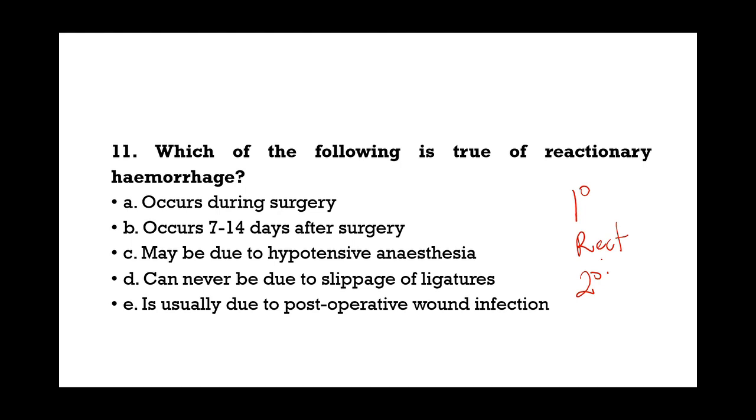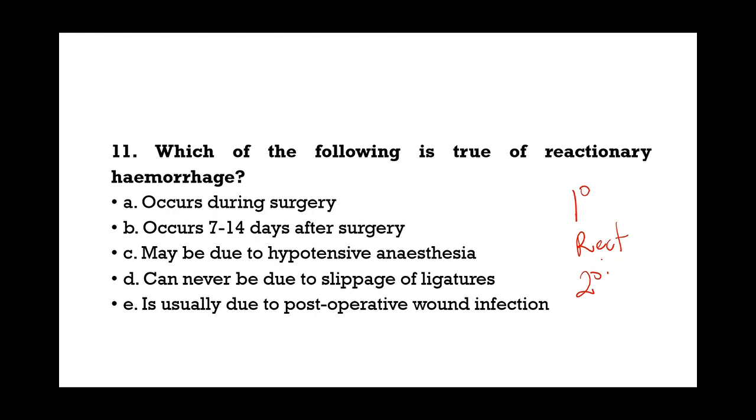Now, if you look at the options, A says it occurs during surgery, which is false because primary hemorrhage occurs during surgery. B, occurs 7 to 14 days after surgery. This is secondary hemorrhage, usually due to infection. Reactionary hemorrhage occurs in less than 24 hours. It may be due to hypotensive anesthesia.